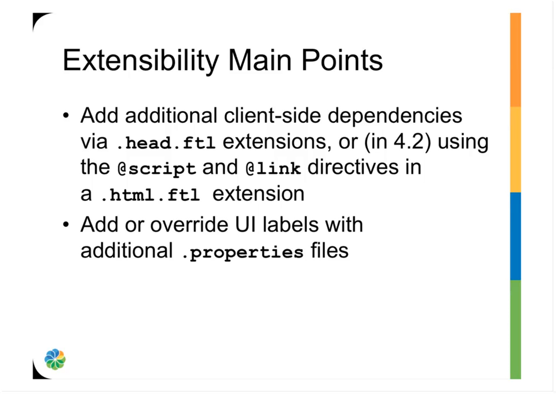And then the last thing that we'll probably want to do when we're providing an extensibility module is we'll want to update the user interface, perhaps with additional UI labels, and we can do that in a properties file. So we can extend the properties that are defined by an out-of-the-box web script just by adding our own.